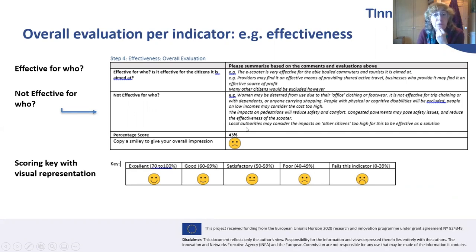So for example, for the e-scooter, we find that although it's very effective for the able-bodied commuters and tourists, it perhaps impacts on pedestrians, and it may not be very effective for female use. They may not want to use it for all sorts of reasons. People with physical cognitive disabilities will also be excluded. So again, we carry forward that percentage score and give our overall impression.